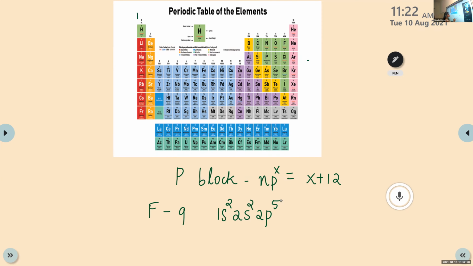So the total number of electrons, 4 plus 5, is 9, right? Then the group number is calculated as x plus 12, so 5 plus 12, it is 17.